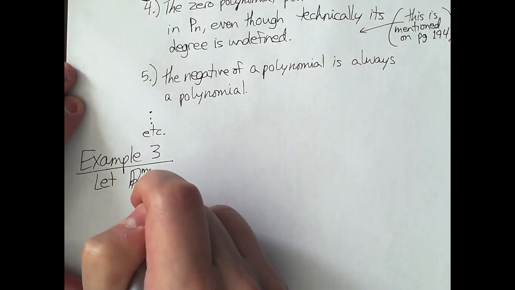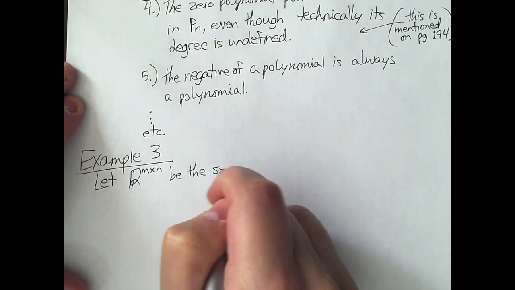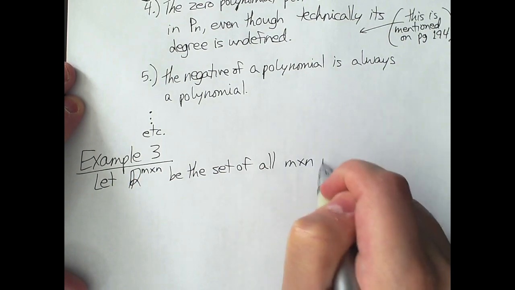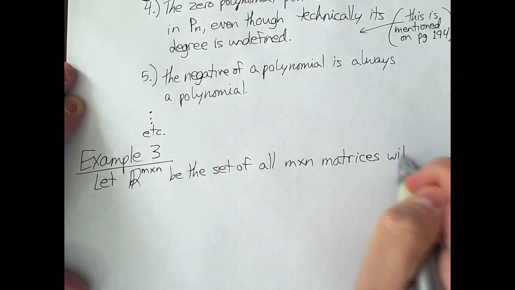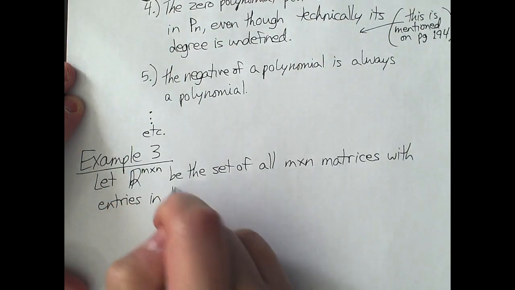Let R m by n be the set of all m by n matrices with entries in R.